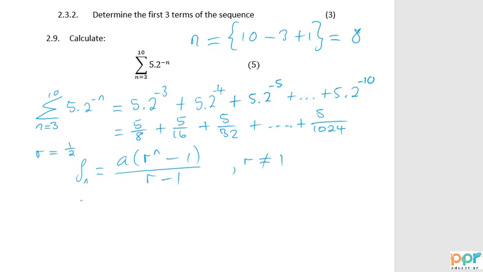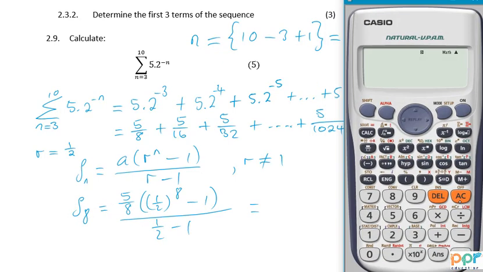If we've got 8 terms, the sum to 8 terms is equal to a, which is 5 over 8, and then r will be raised to power 8, and 8 minus 1, all being divided by a half minus 1. So I do it this way so that we learn.